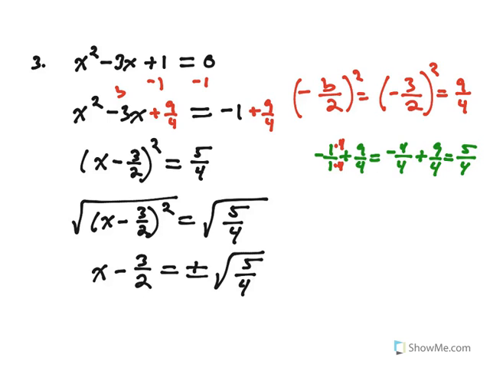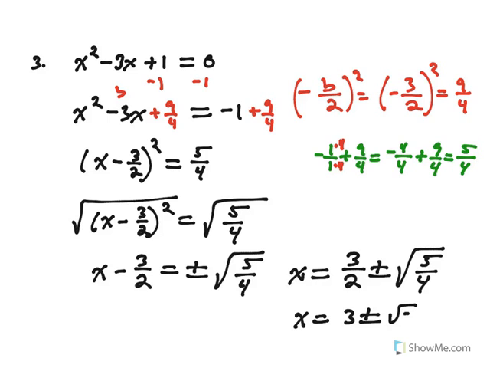And then when I bring the 3 halves over, I get x equals 3 over 2 plus or minus the square root of 5 over 4. Okay, or you can express it as 3 plus or minus the square root of 5 over the square root of 4, but then that simplifies to 3 plus or minus the square root of 5 over 2, and that would be your answer.